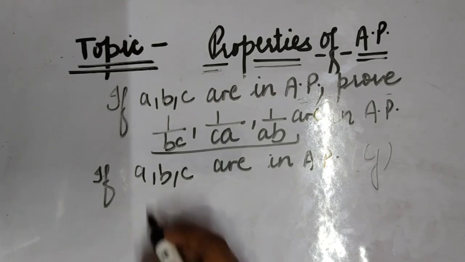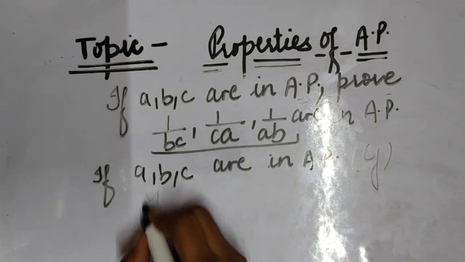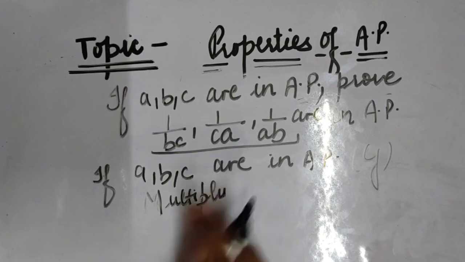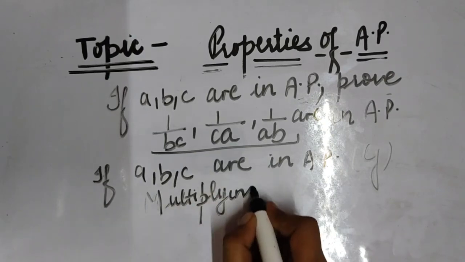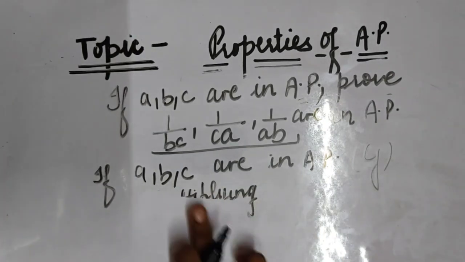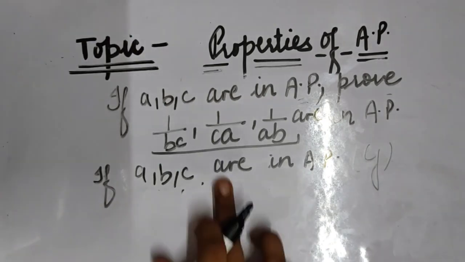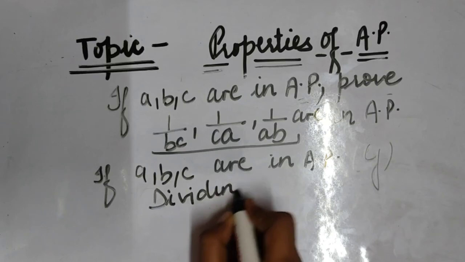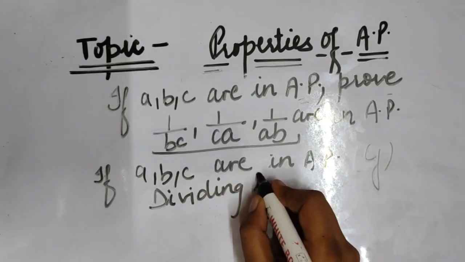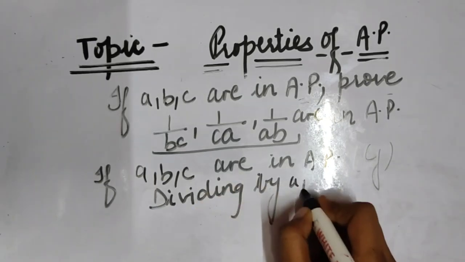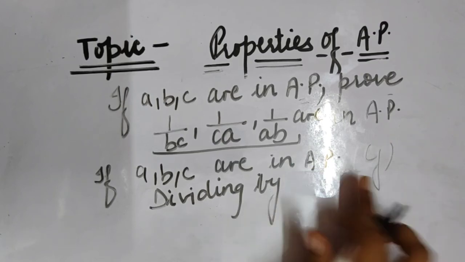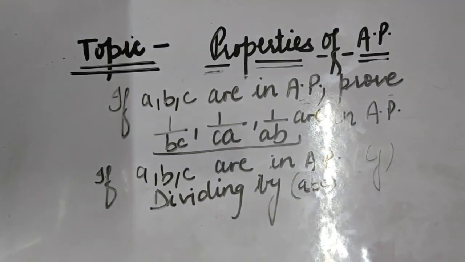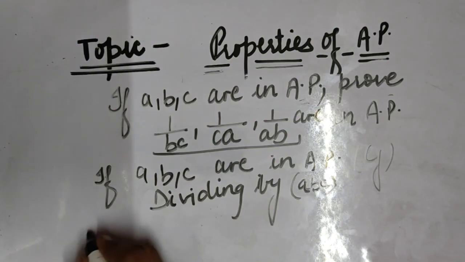So if I am multiplying here, or dividing, for making it simple, we will divide. If we are dividing by ABC, then we know the resulting sequence will be an AP. So what I will get?